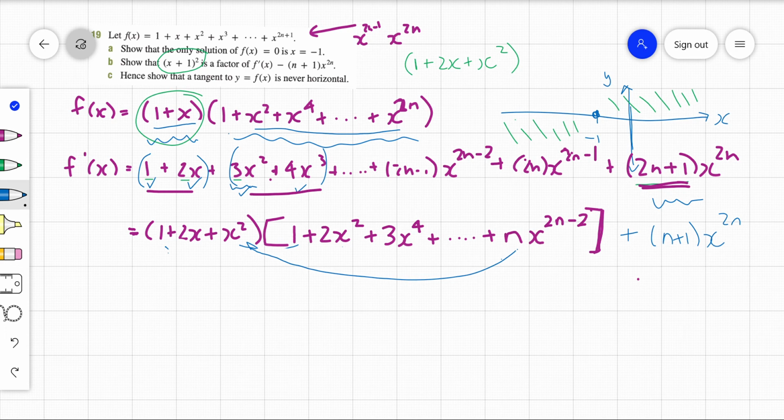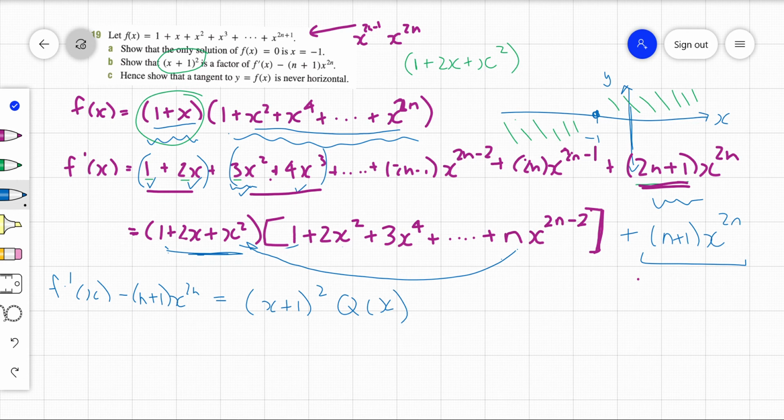So what have we got here? If I now rearrange that a little bit, I've got f dash of x on this side, and I'm going to bring this term over, so minus n plus 1 x to the 2n. Then I'll put it back into this form, x plus 1 squared, so that's this bracket, times, I'll just put a quotient there, another bracket.